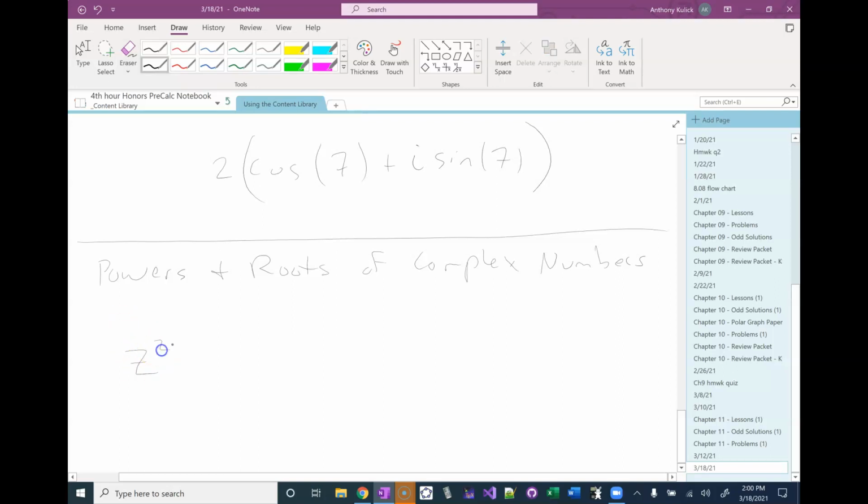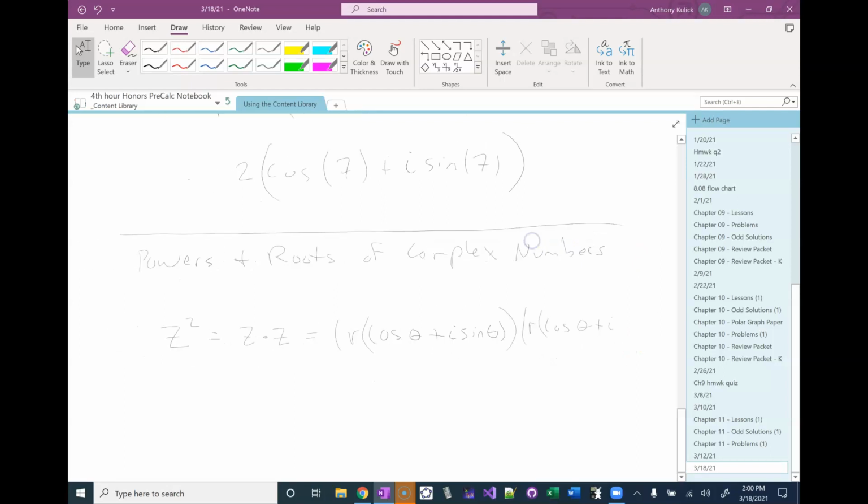So if we have, say, a complex number squared, z is just a complex number. That's the same thing as z times z, right? So if we do the trigonometric form, that's r times (cosine theta plus I sine theta) times r (cosine theta plus I sine theta).